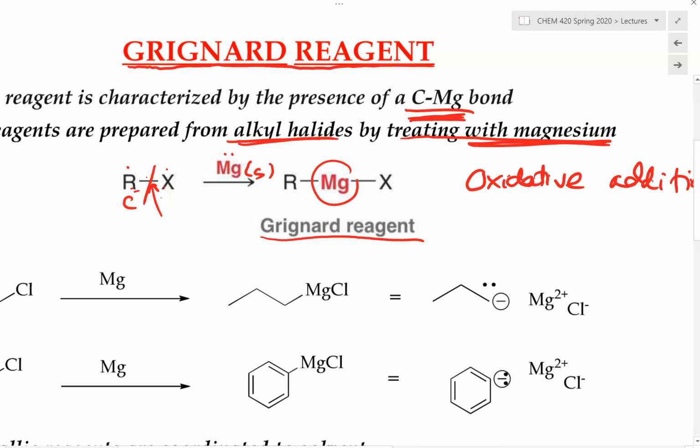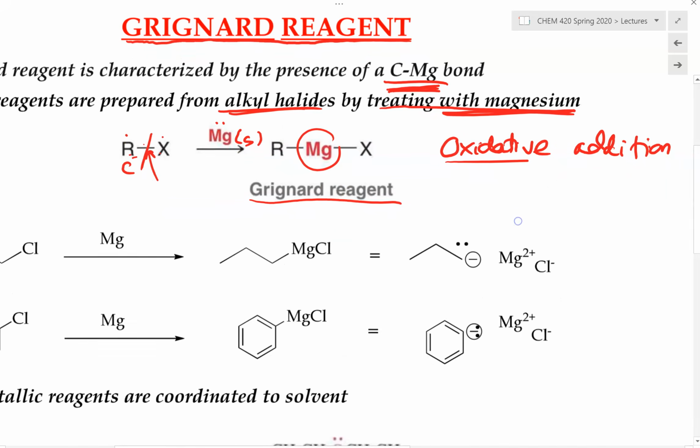So magnesium is inserting itself into the bond. This is why we call this an oxidative addition, meaning it gets inserted in and gives an electron to the reagent.